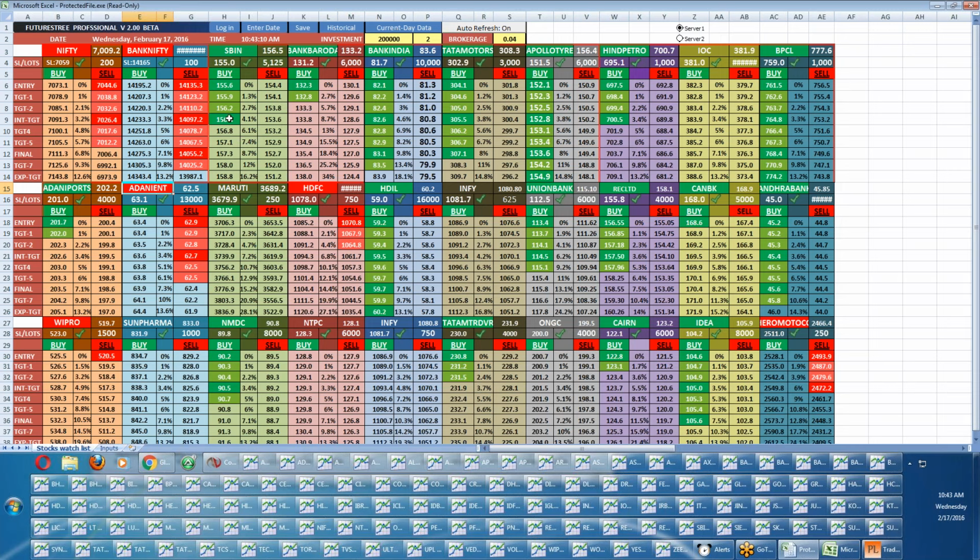So SBI has done its intermediate target. Can India, we have a buy. We had a gap down.